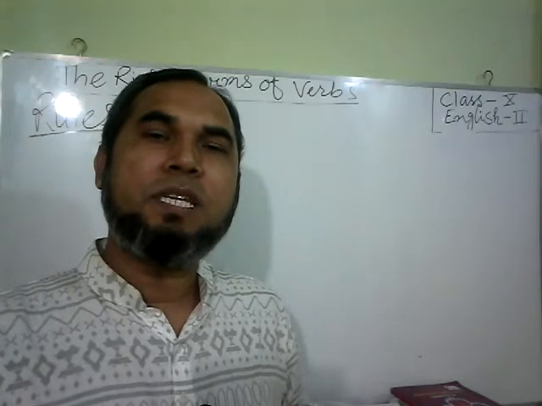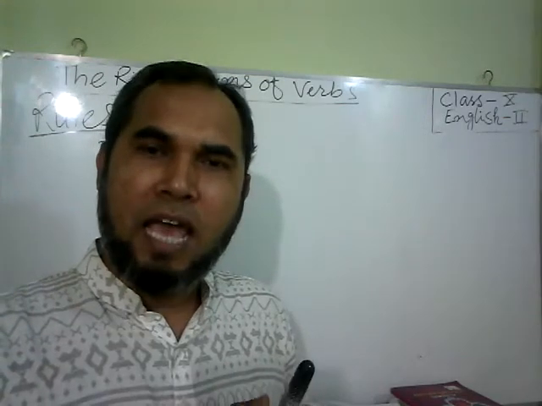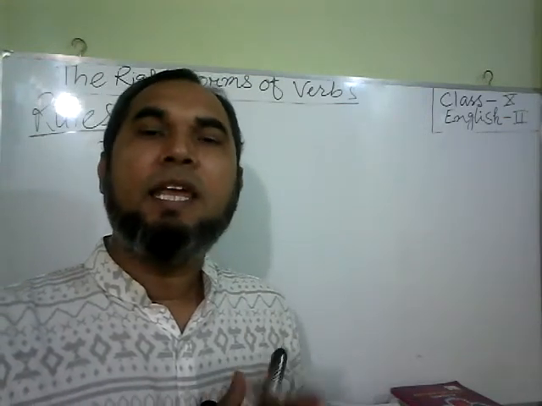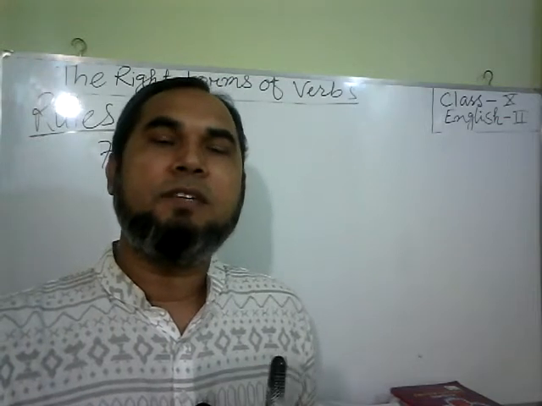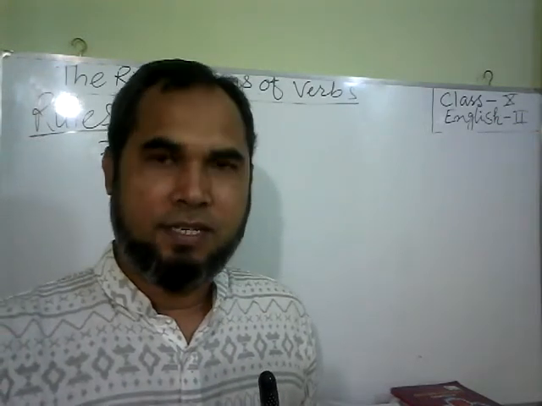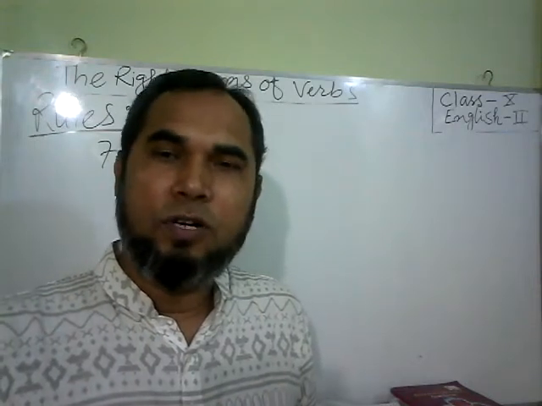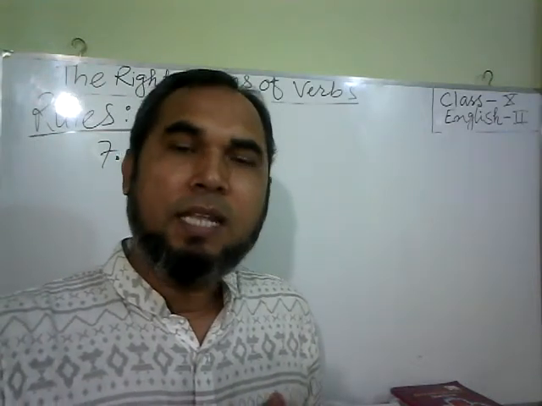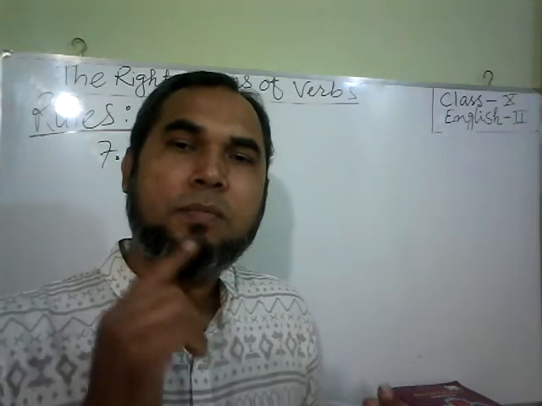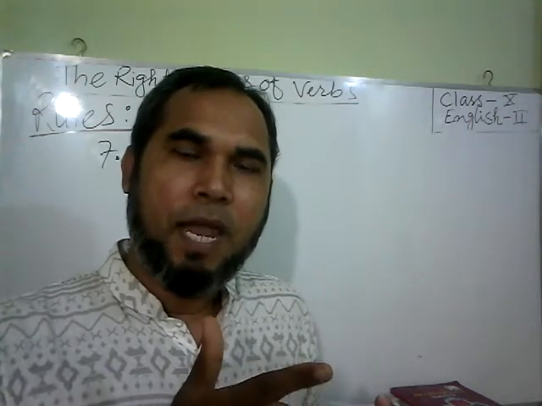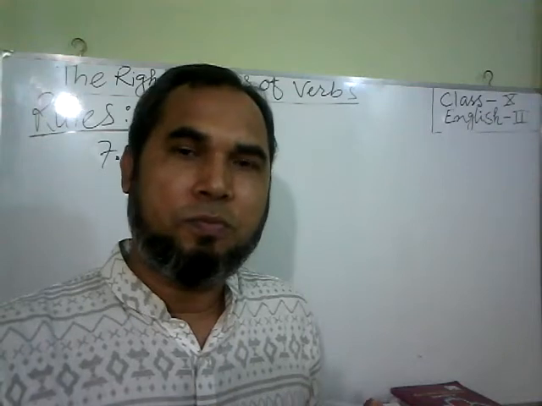Whenever we have since or for indicating time in a sentence, then you have to write that sentence in present perfect continuous tense. Since we use for a point of time, and for we use for a period of time.